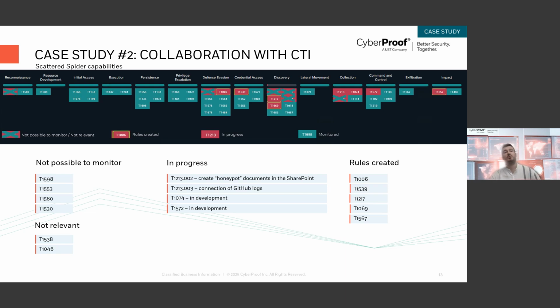For example, I want to say a few words about 1213. We have two sub-techniques, 002 and 003. The first one, 002, is about SharePoint activities. This Scattered Spider group digs into the victim's SharePoint, trying to search for sensitive information.